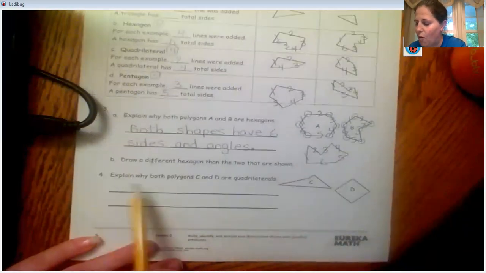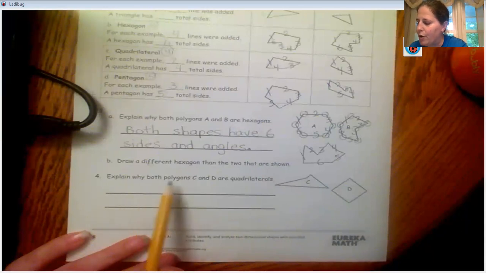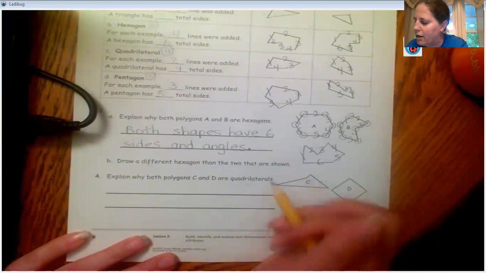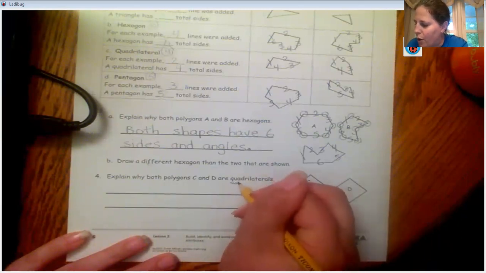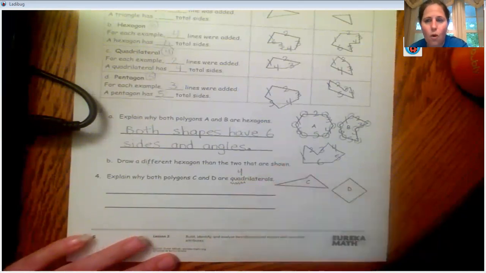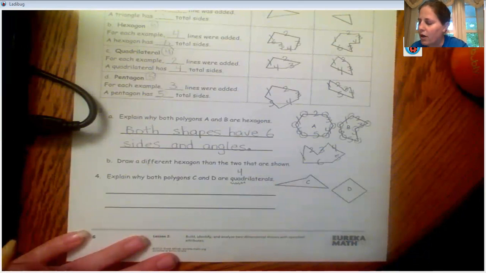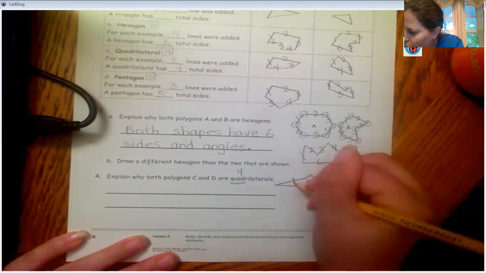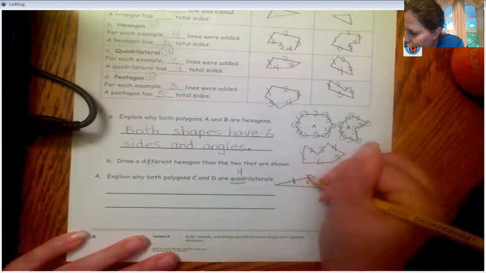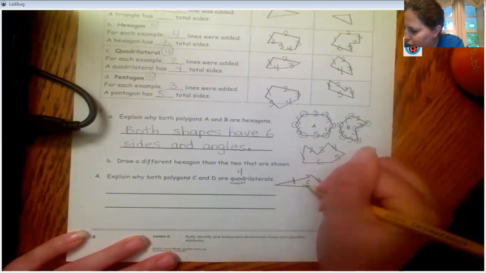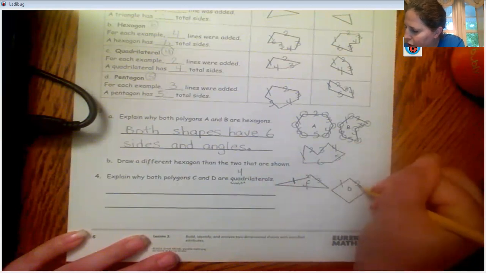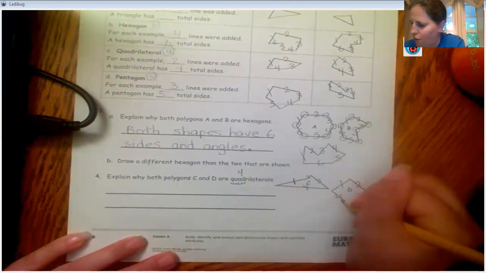Okay, number 4. Explain why both polygons C and D are quadrilaterals. Remember, quad means 4, so a quadrilateral is a 4-sided figure. 1, 2, 3, 4. 1, 2, 3, 4.